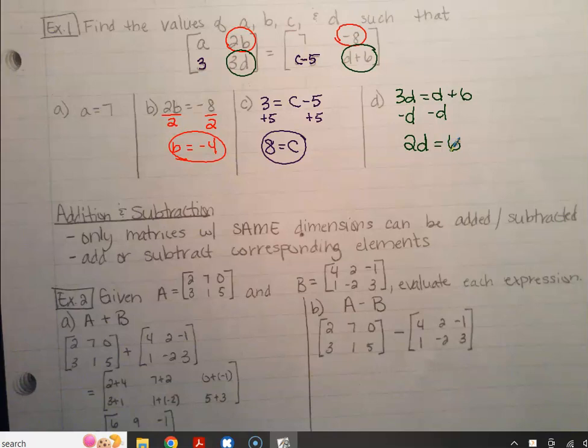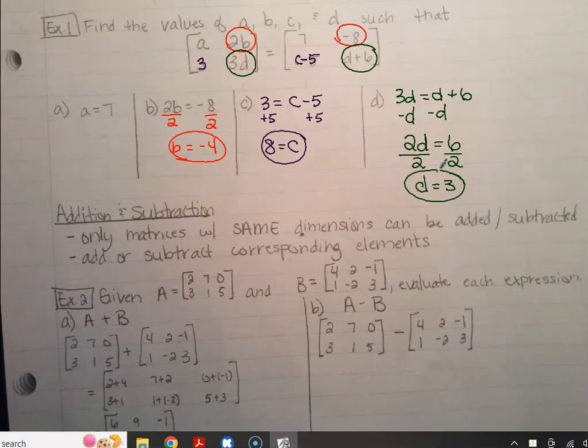What now? Good. Divide by 2, and D equals 3. Perfect. You just took that idea of equal matrices and used that to solve for the elements. Very nice.